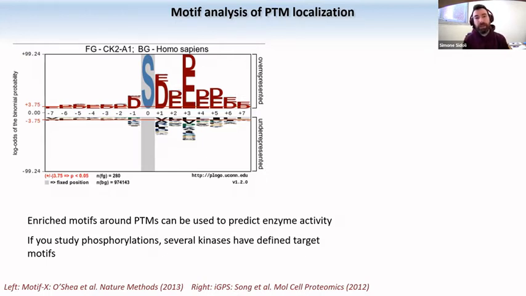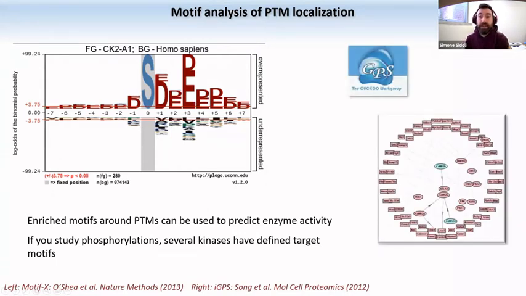So if you take all of your regulated phosphorylations, you know from your proteomic data set on which amino acid of which protein they are, and you can check whether they have a specific enrichment on specific protein sequence motifs. This is interesting because these motifs are sometimes recognized by specific kinases.